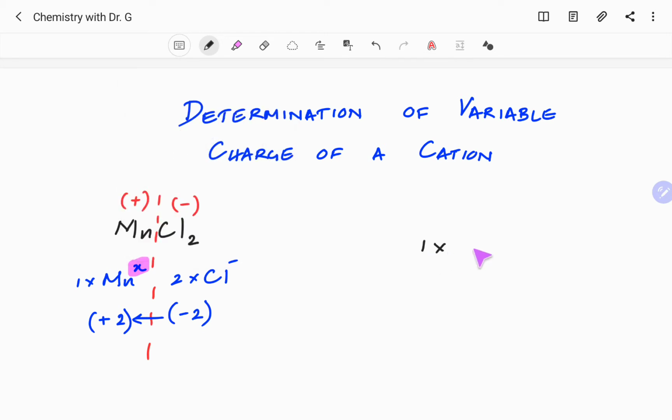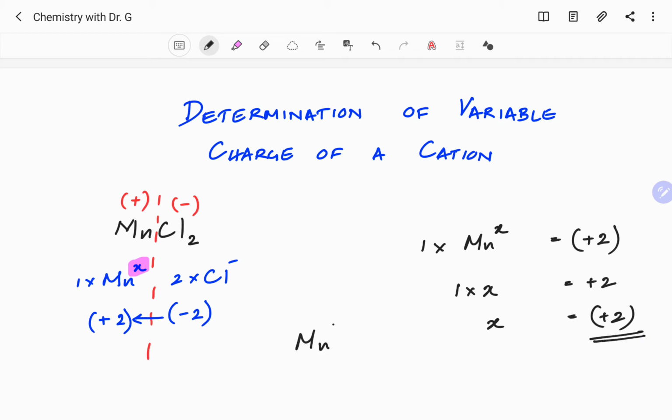So you have one manganese, and we don't know the charge, but it will be equal to +2, and 1 times x is +2, and of course x is +2. All right, so the manganese charge will be +2, Mn2+. So this is the charge of the cation that is involved in this formula. So it is a manganese 2 plus.